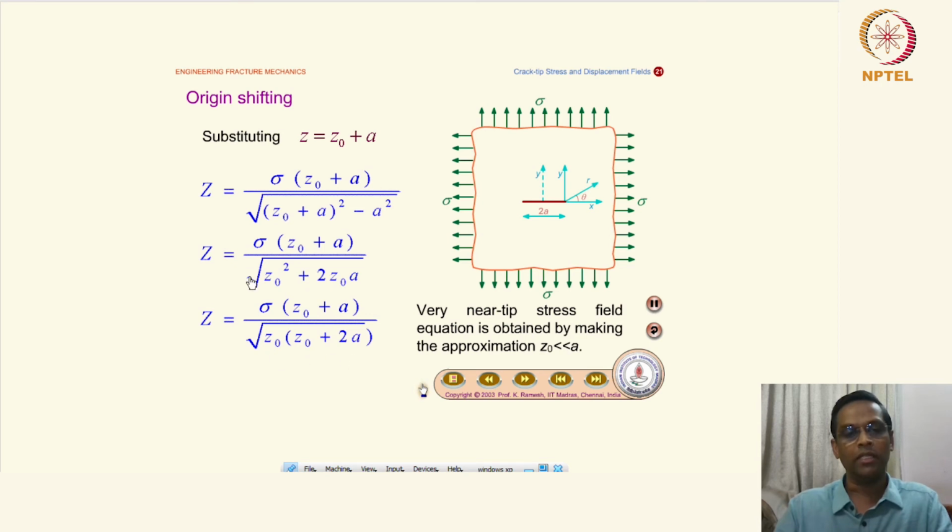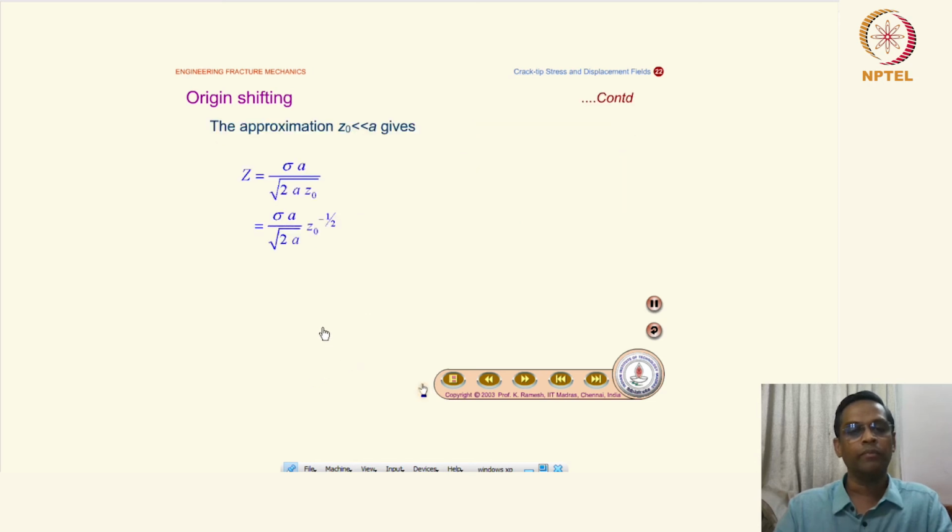With that assumption, what does this equation become? We will take only this form: Z is equal to sigma a divided by square root of 2a into z0. Only this z0 is coming here because of the approximation. This can be rewritten as sigma a divided by square root of a into z0 to the power minus half.